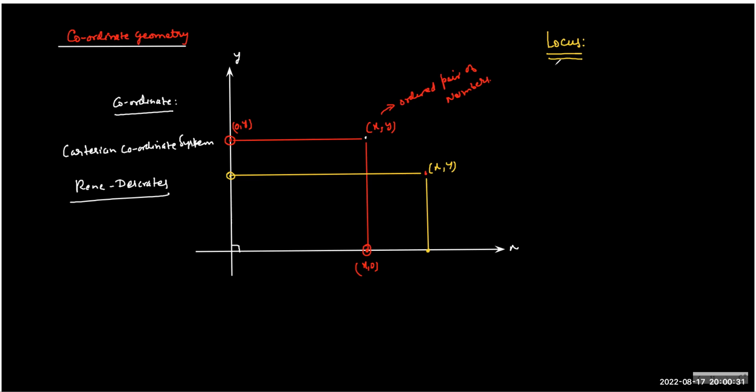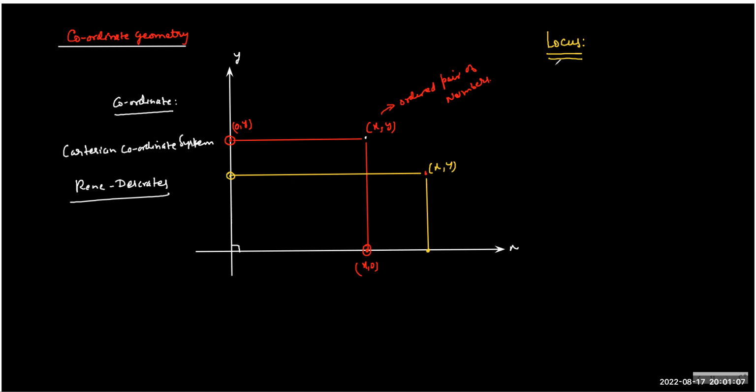What is locus? So locus is basically a collection of points. But is a locus just a random collection? The answer is no. Locus is a collection of points which fulfills a certain relationship.